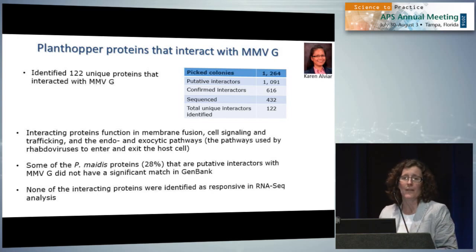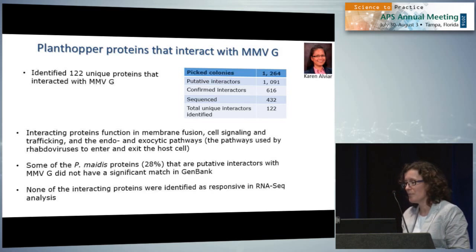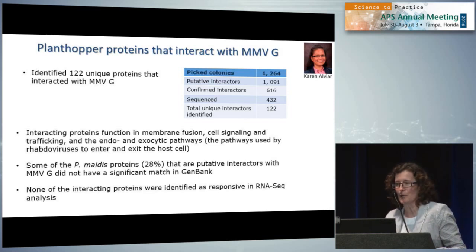I'll just point out that there are a couple of other papers where they've looked at viral attachment proteins in screens against insect vectors, and they're also finding a large number of proteins. That's comforting, because I've seen some yeast two-hybrid results where you only get a handful of different proteins.